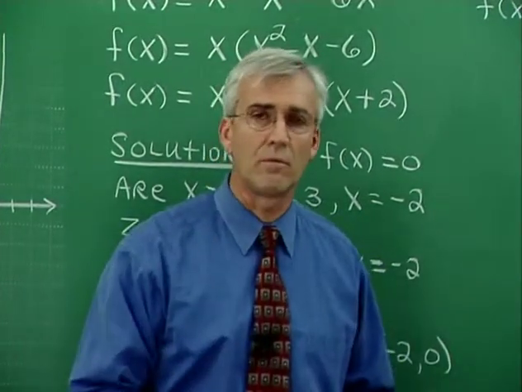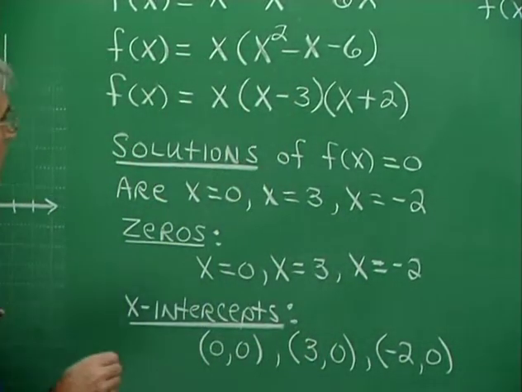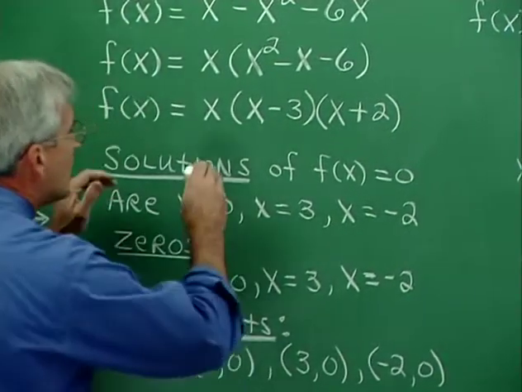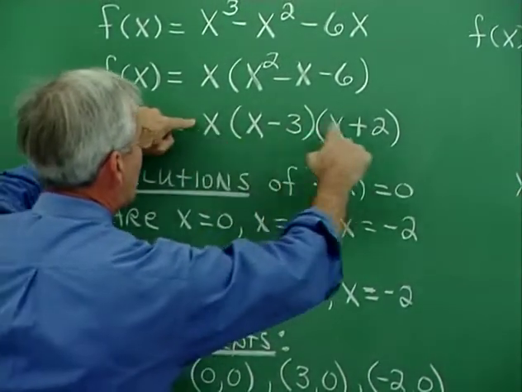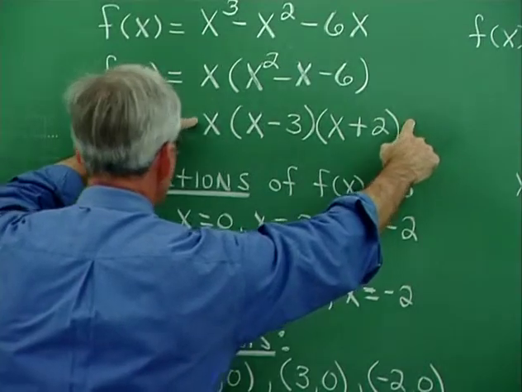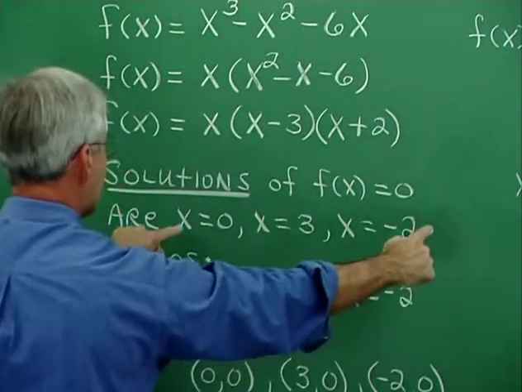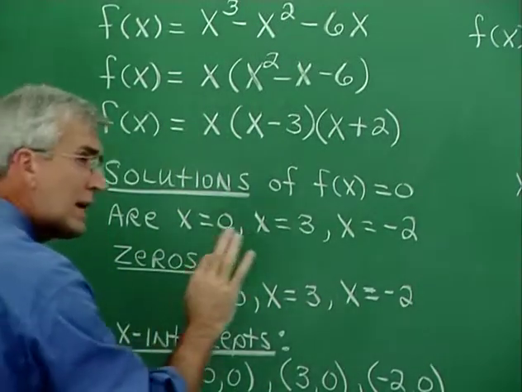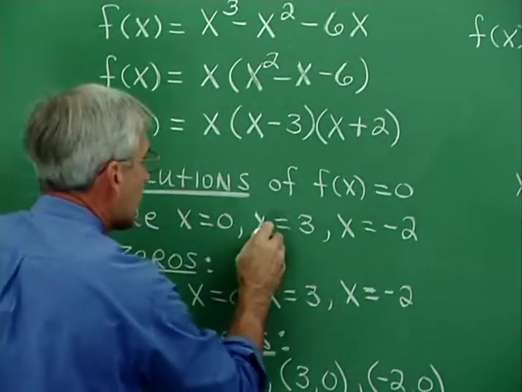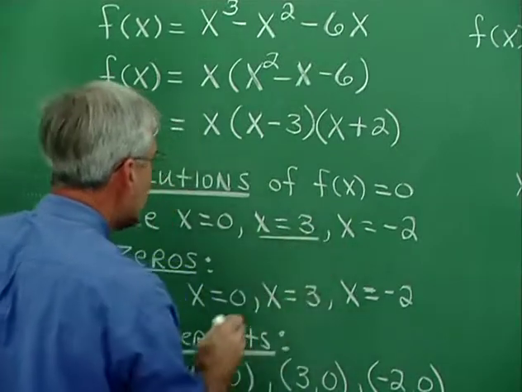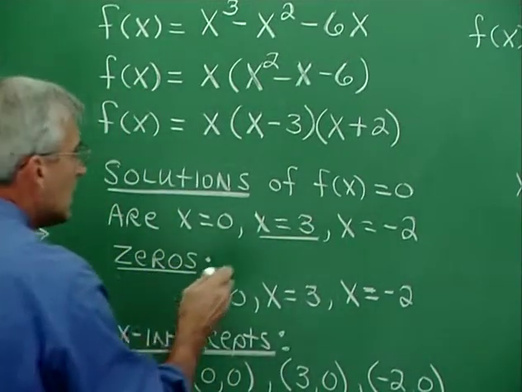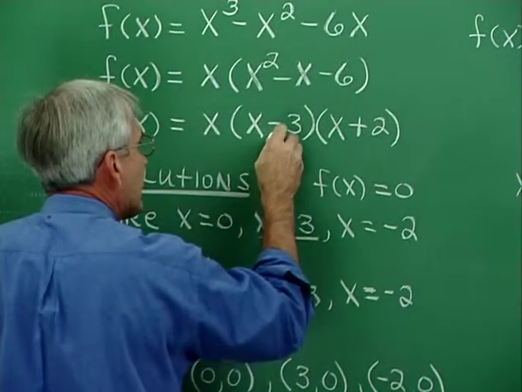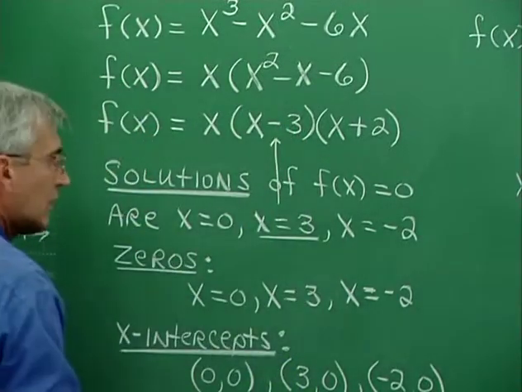Before I leave this problem, though, there's one very important thing I want to point out to you, and it's this, that this idea of going from a factored form into the zeros or the solutions is reversible. That is, if we know that 3 is a 0, then x minus 3 is a factor of our function.